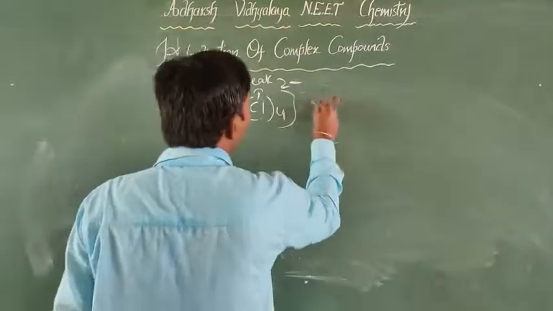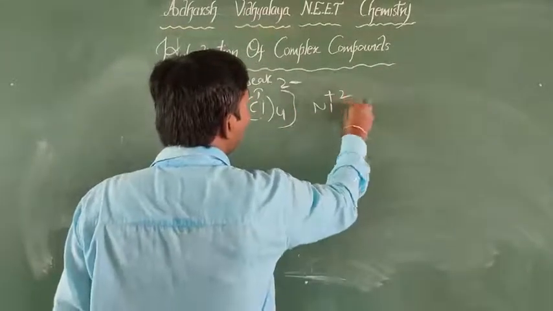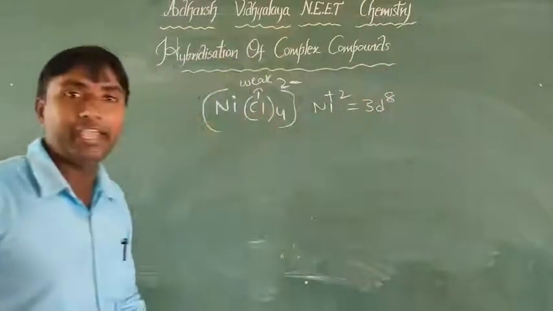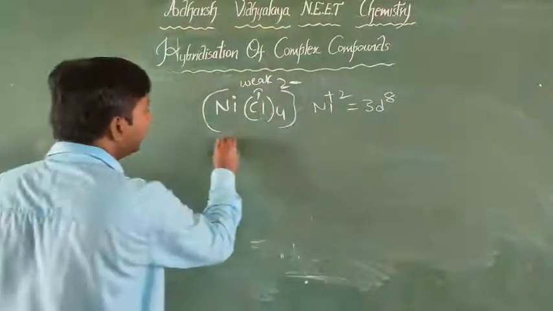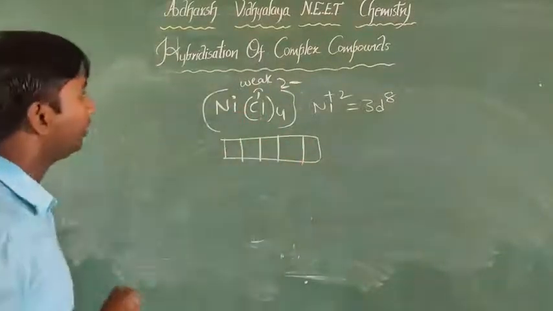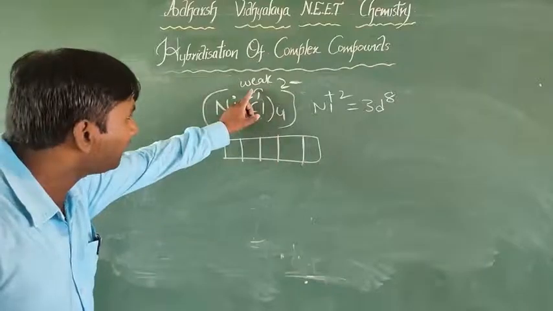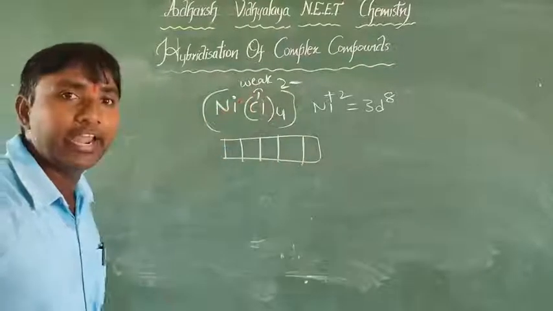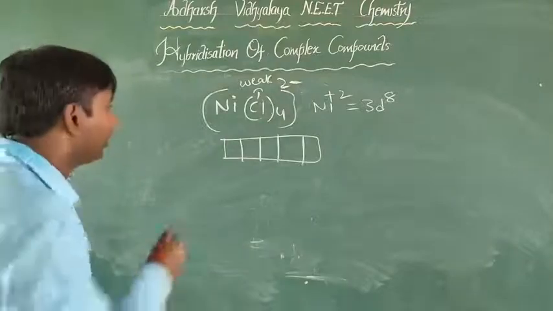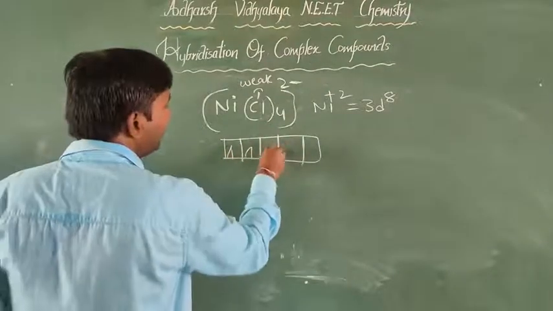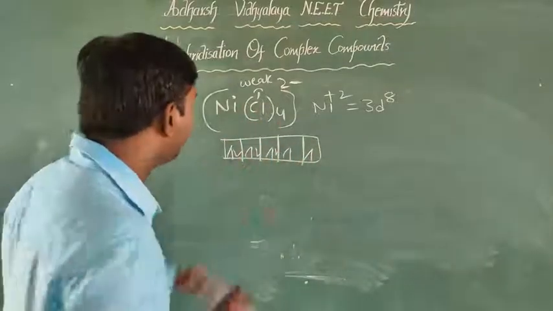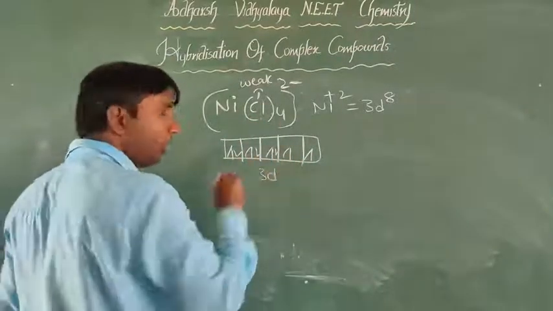The nickel oxidation state here is +2. Nickel +2 means what is the configuration? 3d8. So in the presence of a weak field ligand, electrons do not undergo pairing, they follow Hund's rule. That's why 1, 2, 3, 4, 5, 6, 7, 8. So in 3d, there are no vacant orbitals.